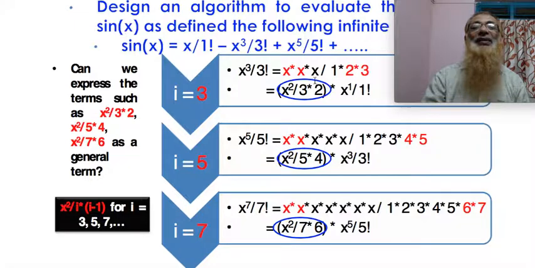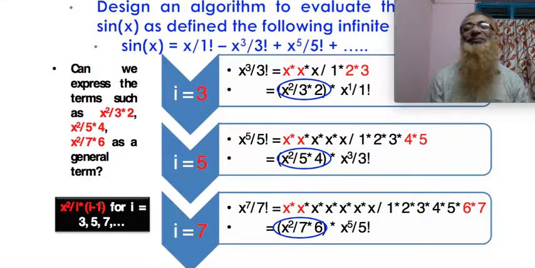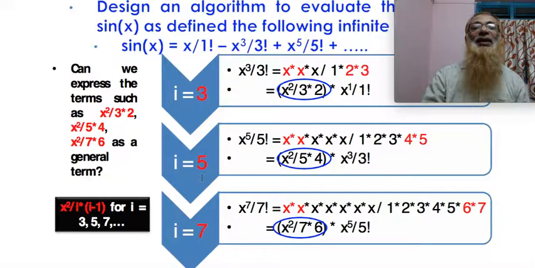Hence we can see that this portion can be easily generalized as x squared by I into I minus 1. Hence, we could find a generalized solution for the first part of this term computation.